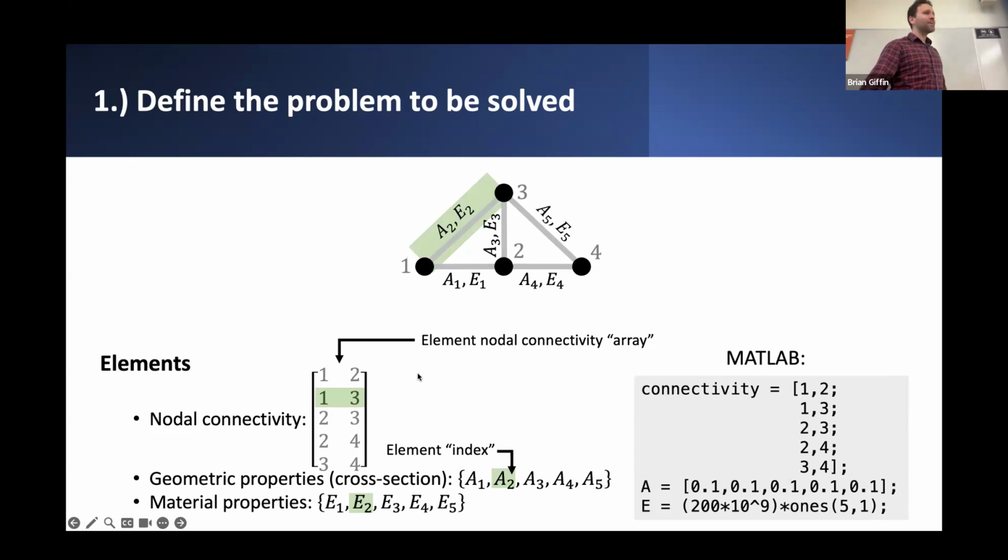But in the end, when we assemble our system of equations, we'll be eliminating rows and columns or partitioning our system of equations on the basis of how we've assigned degrees of freedom to the nodes. So the elements could be rearranged and flipped around. What really matters more is how we've numbered the nodes, in terms of how the ordering of degrees of freedom appears in our system of equations.